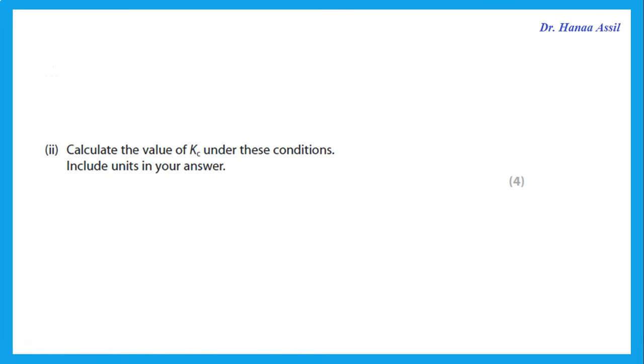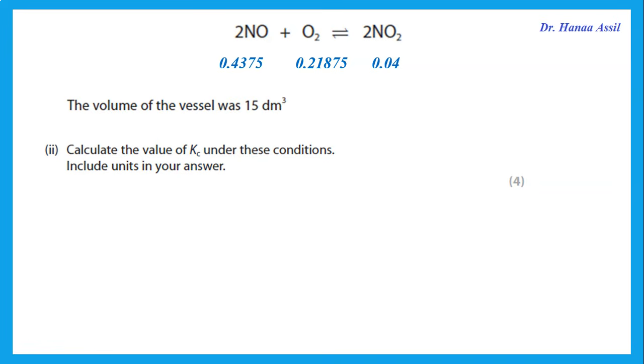Calculate the value of Kc. Okay, what do we know? We know that this is the equation, and we know that these are the number of moles, and we know that the total volume of the vessel was 15 decimeter cubed. Remember that Kc involves concentrations. Concentrations means number of moles over volume.